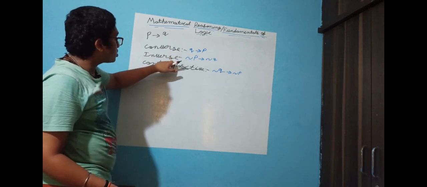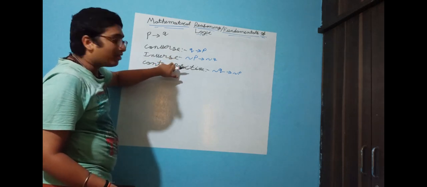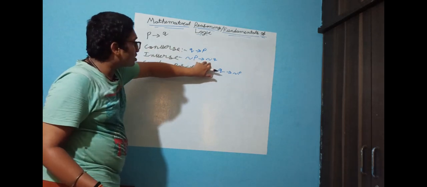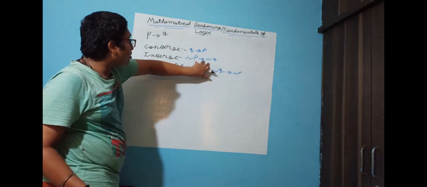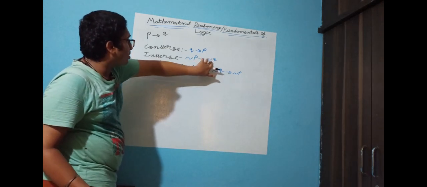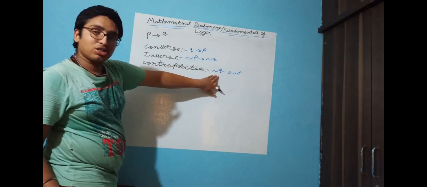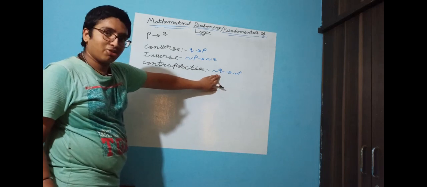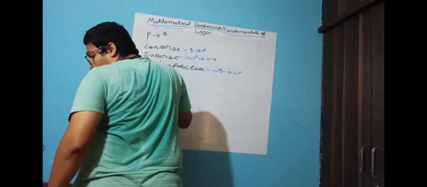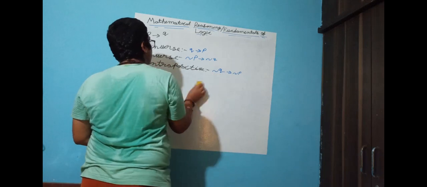First we find the inverse, which is this one, and the converse of this means this goes to that side and that comes to this side: negation Q implication negation P. That is what we have received here. This is converse, inverse and contrapositive.